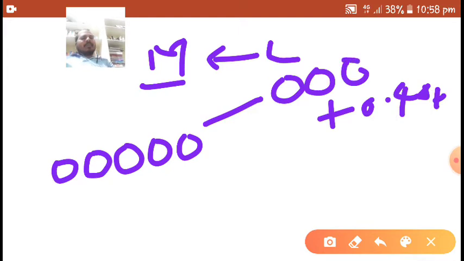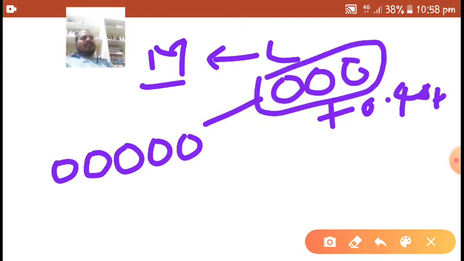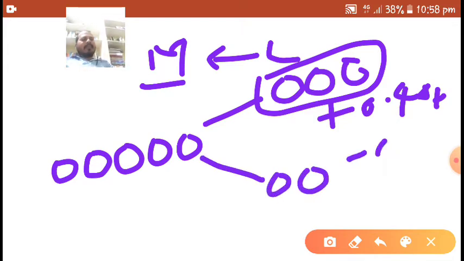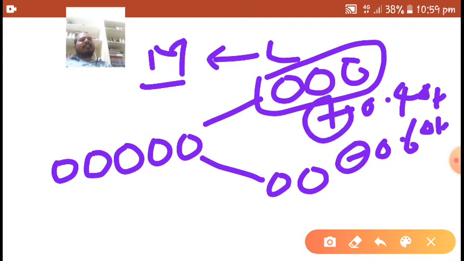Because these T2 orbitals lie between the axes, and the energy of E orbitals will be decreased by minus 0.6 delta T. Minus indicates lowering of energy, plus indicates increasing of energy. The difference between them is delta T. It is called the tetrahedral splitting energy, right?